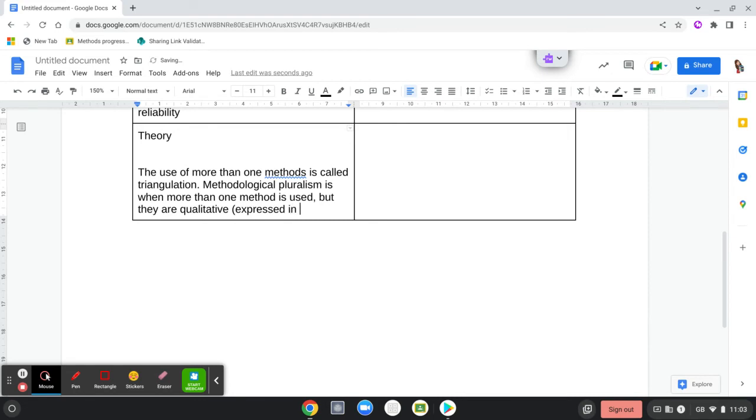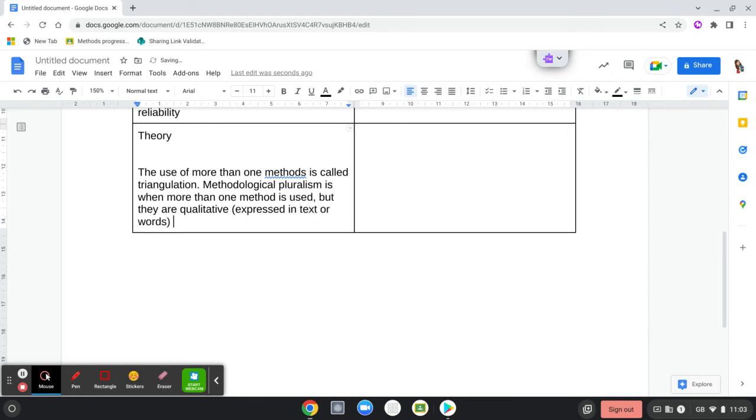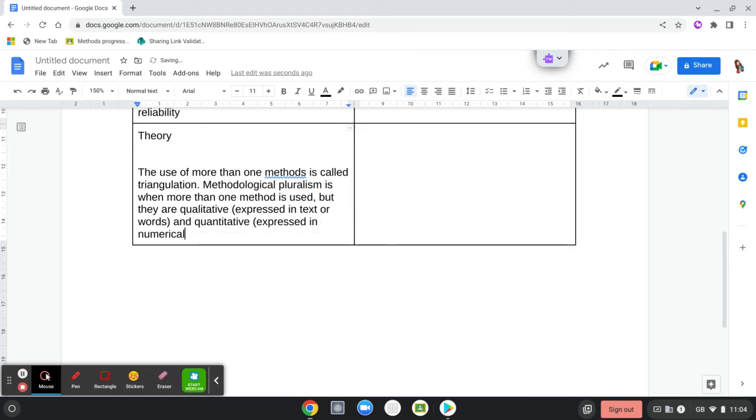Expressed in text or words. Methodological pluralism is when more than one method is used, but they are qualitative, expressed in text or words, and quantitative. Again, expressed in numbers, or no, expressed in numerical, statistical form.